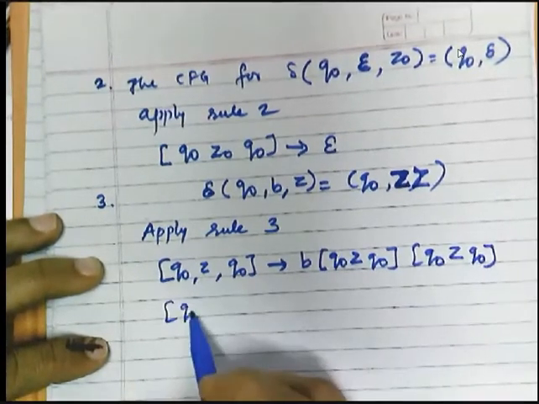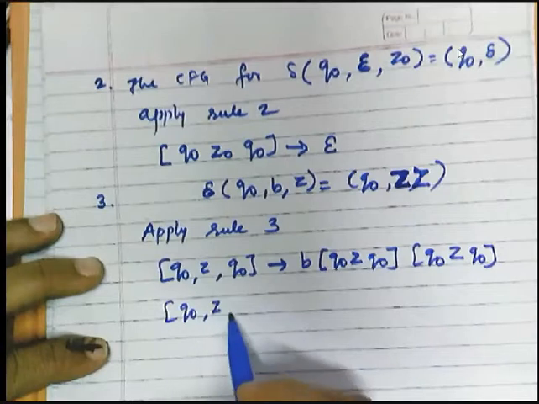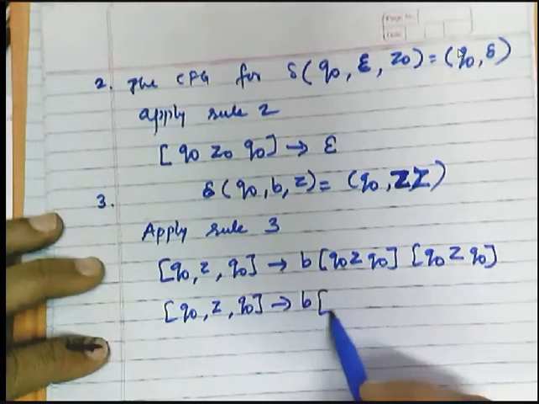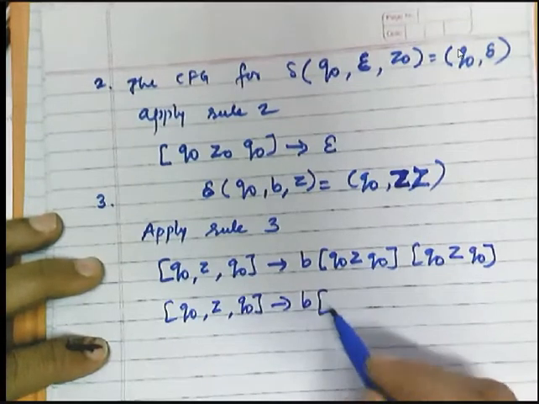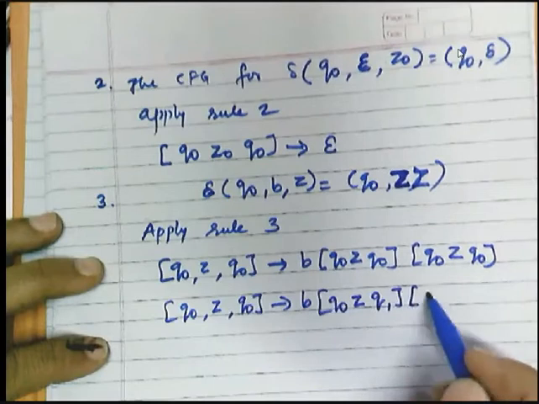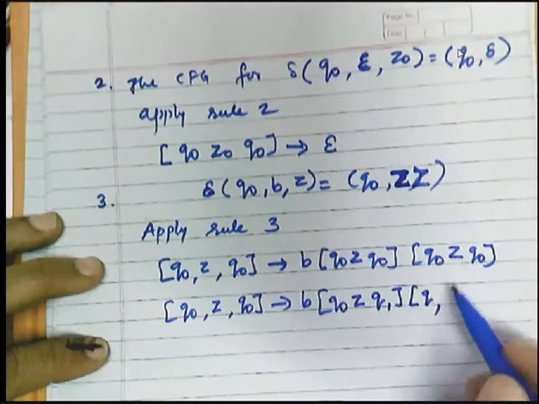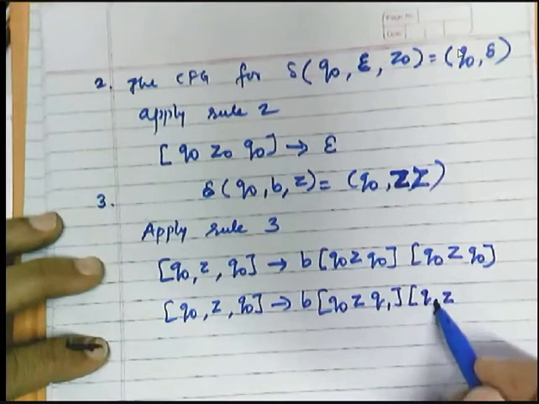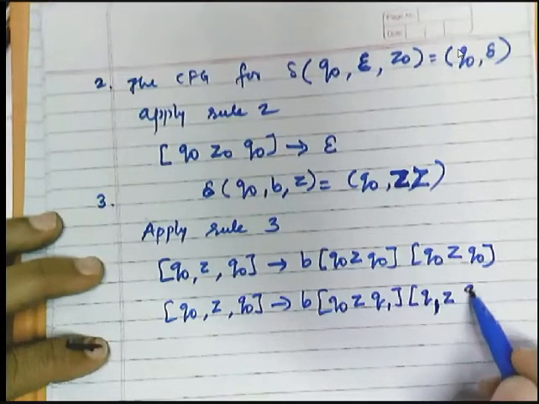Again Q0 Z Q0 will be producing B, Q0 Z Q1, and Q1, this Z, Z, Q1, Z, and Q0.